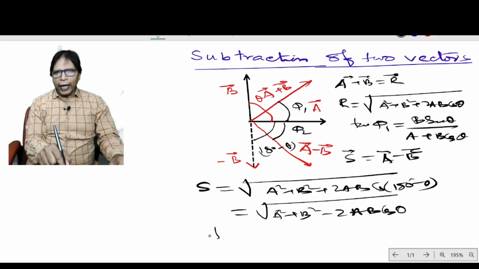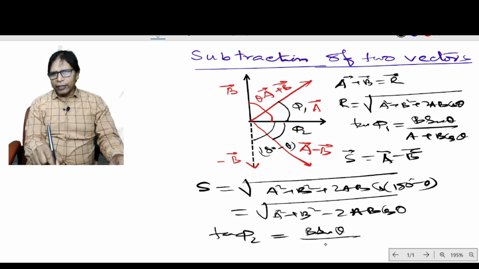Now tan phi 2 equals B sin of 180 degrees minus theta, that is sin theta, divided by A plus B cos of 180 minus theta, that is A minus B cos theta.